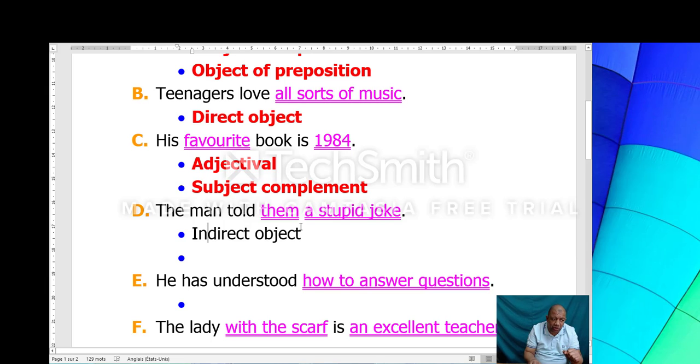Something very important is that when we have an indirect object, we must have a direct object, because the sentence is incomplete if we say the man told them. Told them what? A stupid joke. So the second one is direct object.